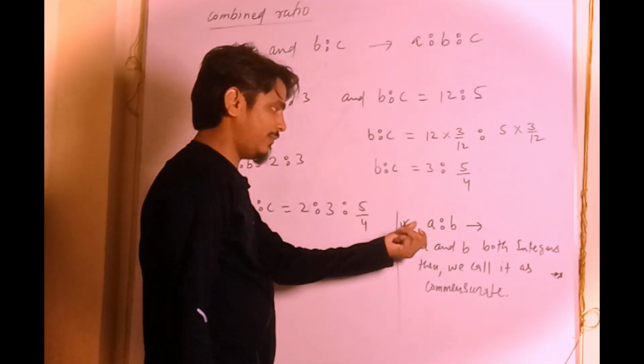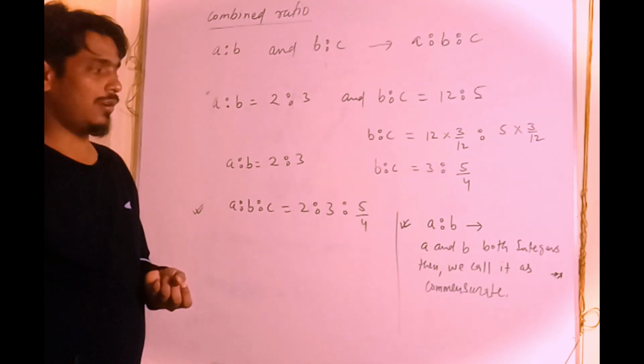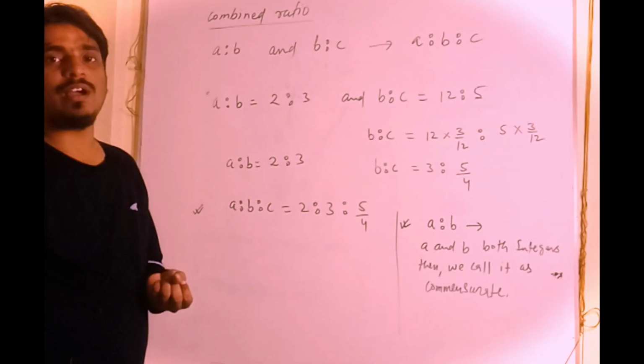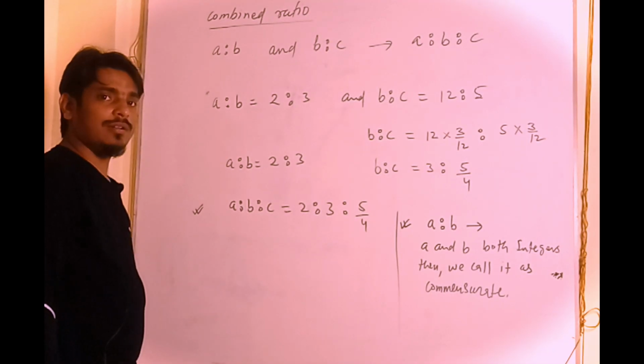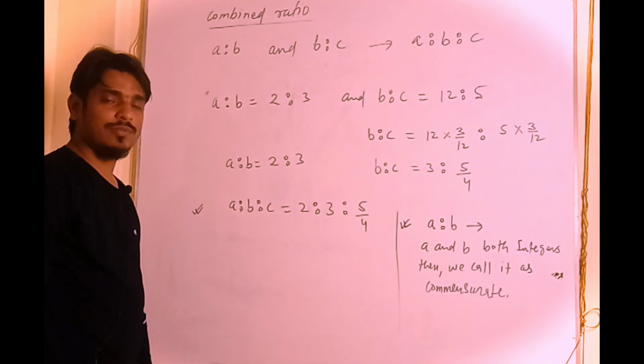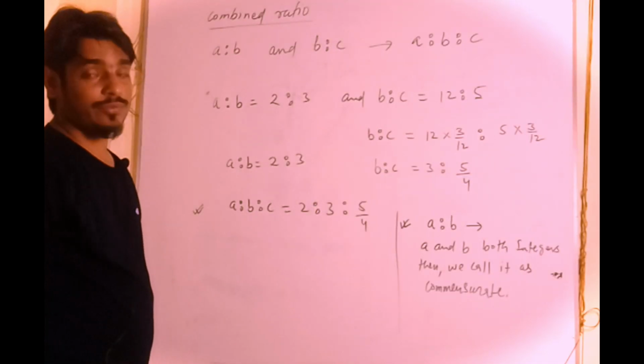If any one of these in the ratio is not an integer, then we call it incommensurate. So here we'll learn, under the properties of ratios, how we can convert this incommensurate into the commensurate form.